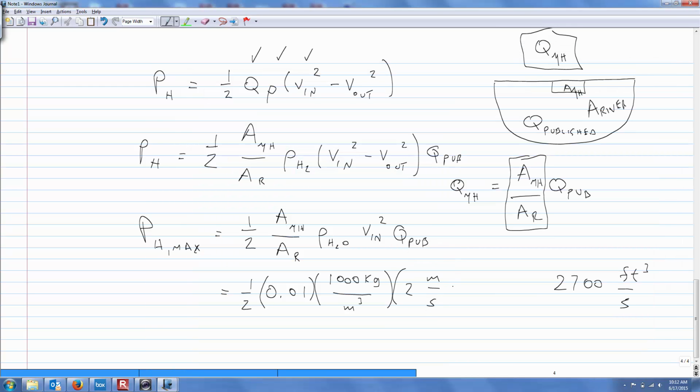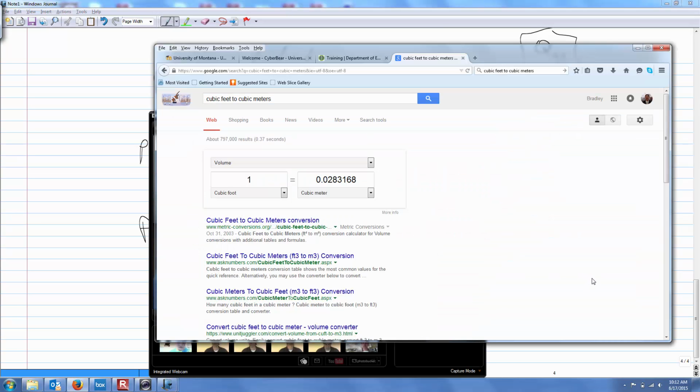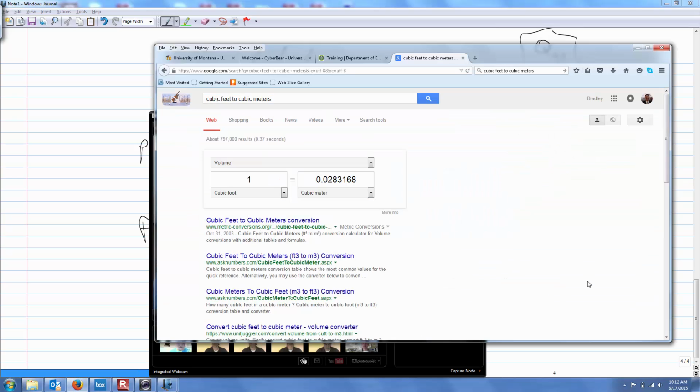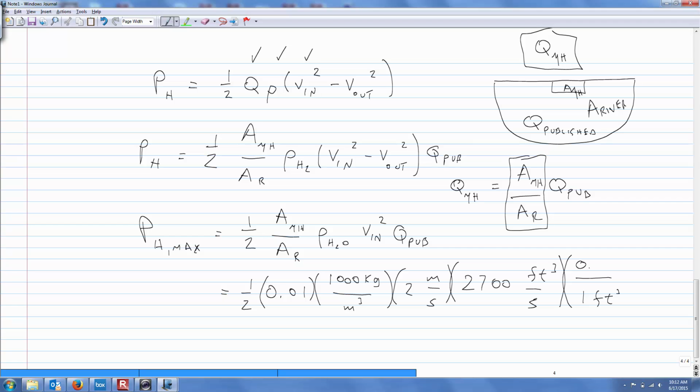So now we're looking at 2,700 cubic feet per second, and then cubic meters: 1 cubic foot is 0.028 meters cubed.